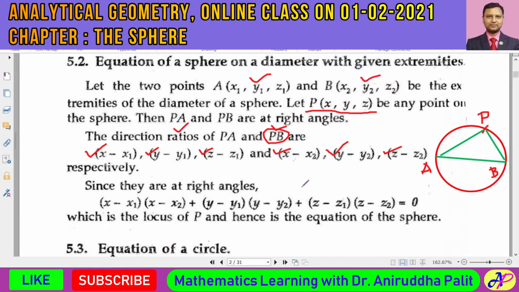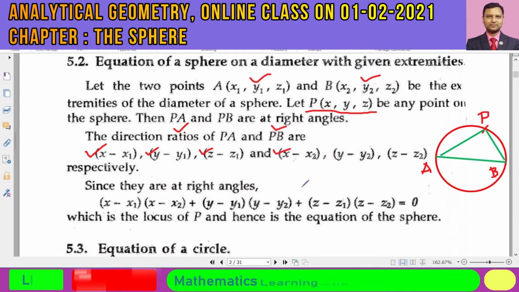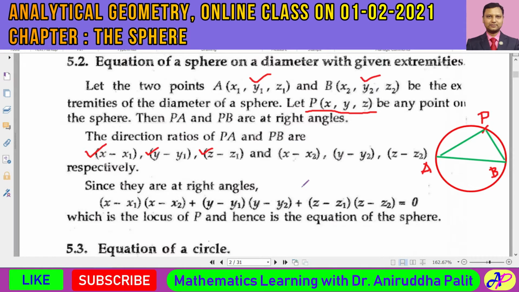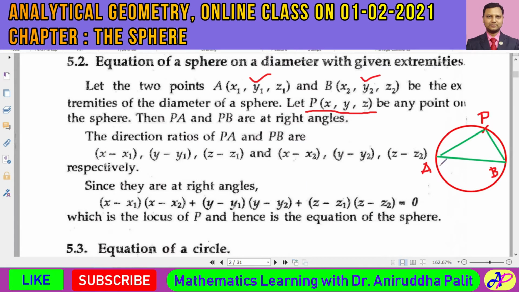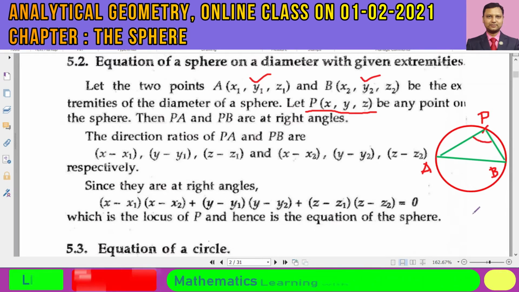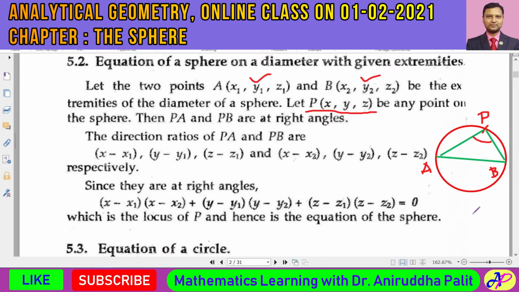Okay, and as capital A and capital B are two endpoints of the diameter, then we know that this angle must be a right angle, or 90 degrees, or pi by 2 radian.